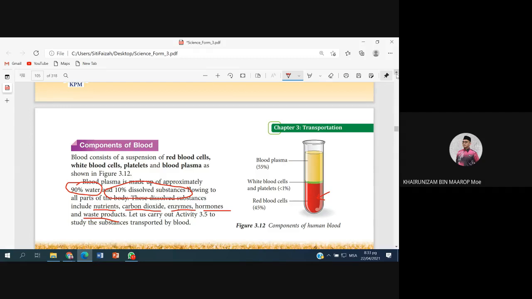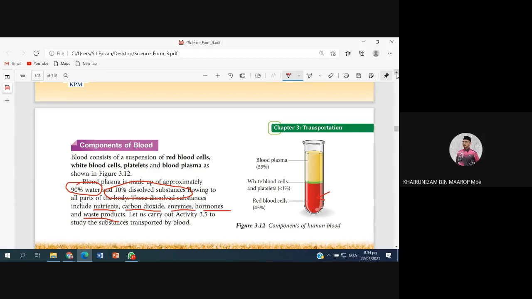The cell is without a nucleus and contains a red pigment called hemoglobin. That's why red blood cells are red, because of the presence of hemoglobin.